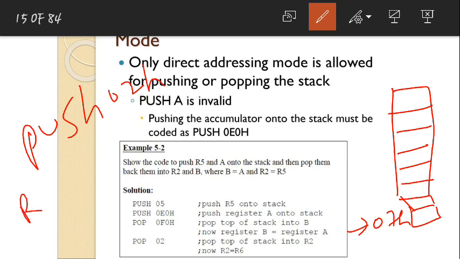Consider R2 holds 88H. When I write push 02H, the actual operation is: first the address is incremented by 1. It was pointing towards 07, initialized at 07 by default.